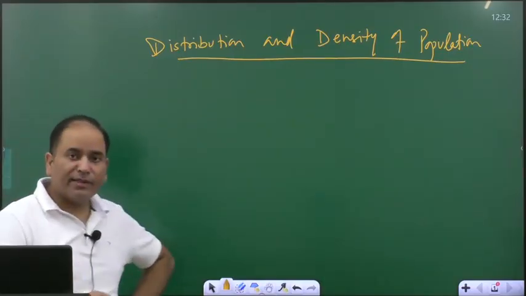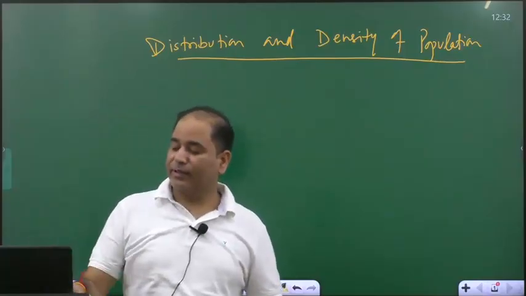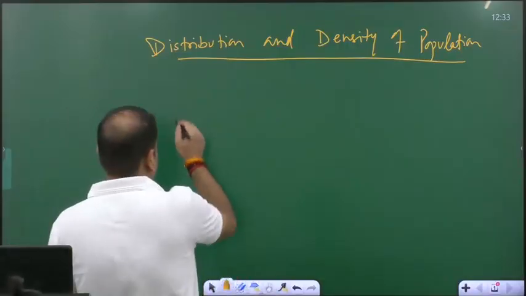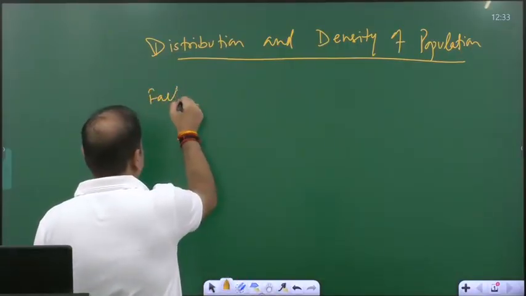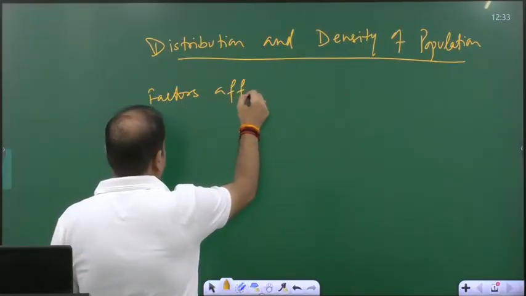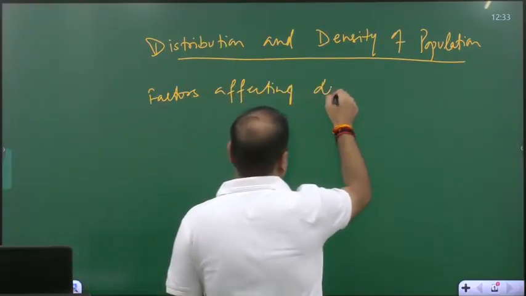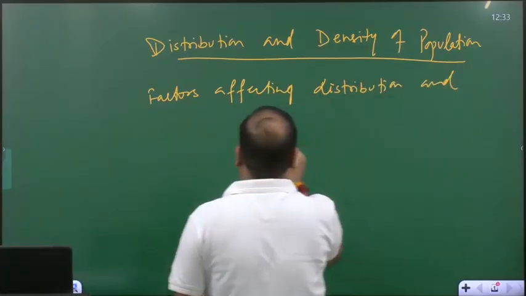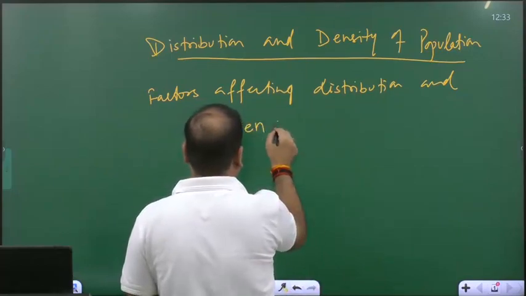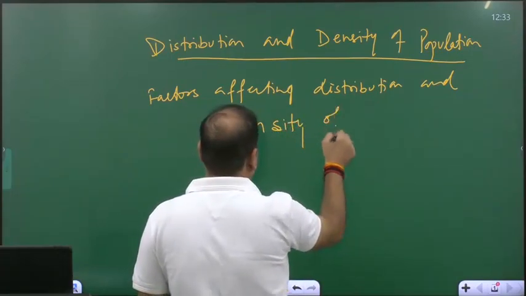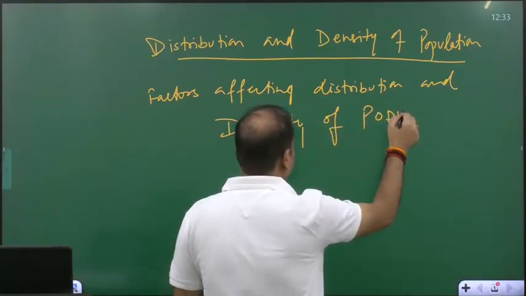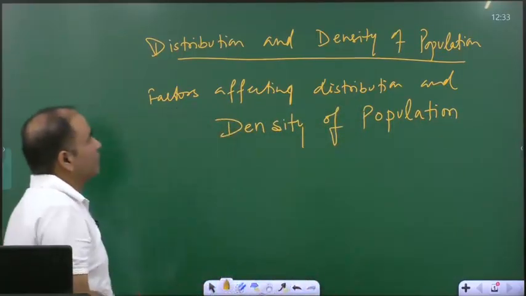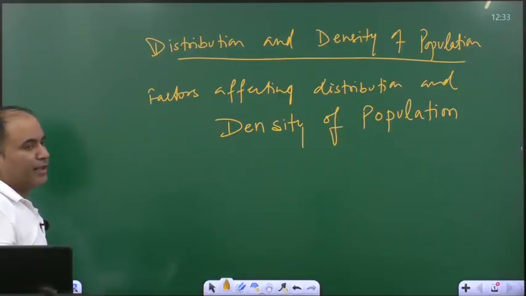So distribution and density of population we will learn, but in that, the first thing that we will learn is factors affecting distribution and density of population.